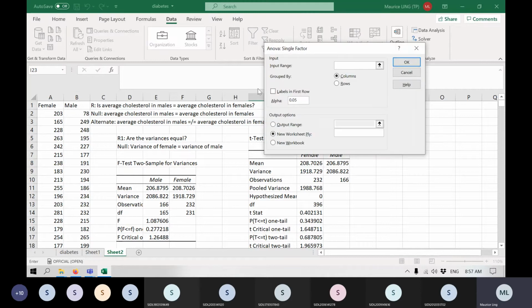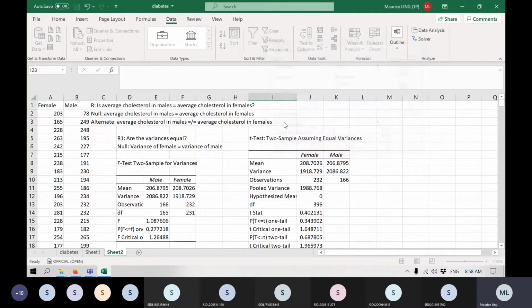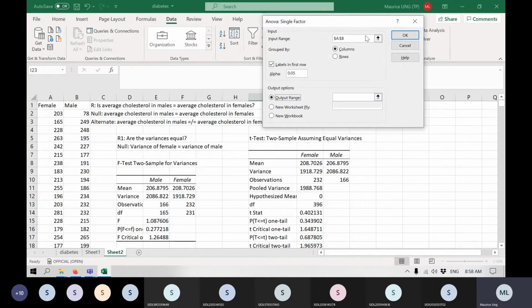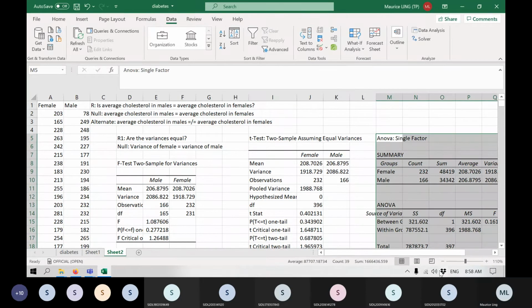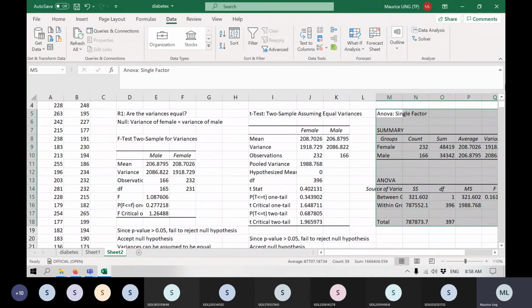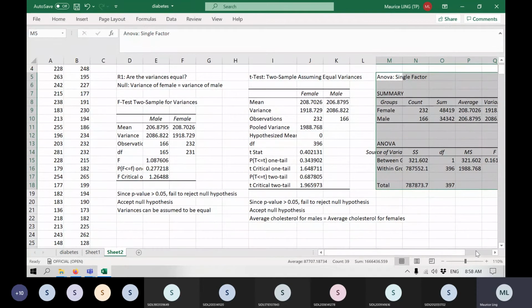Because you can use ANOVA for multiple groups, let's say you have two groups, so you just highlight them, and the groups are by columns, with the label in the first row. Input range, we put it here, and generate the ANOVA table for us. We just reduce this and I show you.